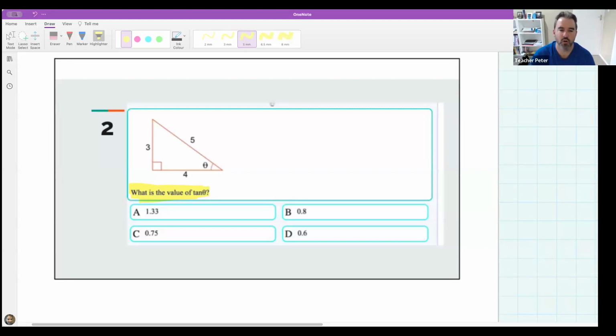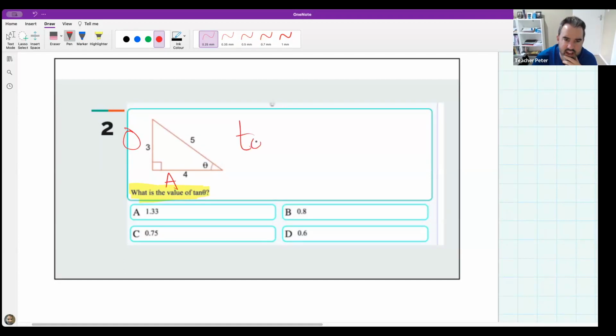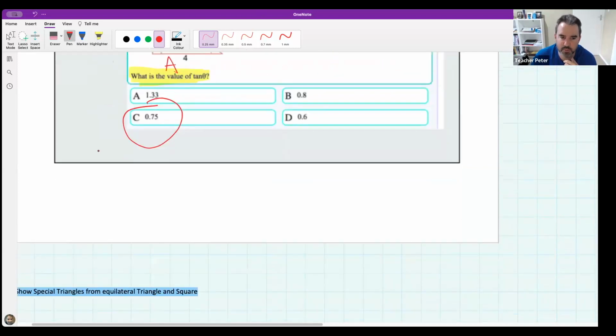Okay, so if we look at this, tan is O over A. So the tan of theta would be O over A, which is 3 over 4, which is 0.75. And the correct option would be C. Okay, seems pretty good so far.